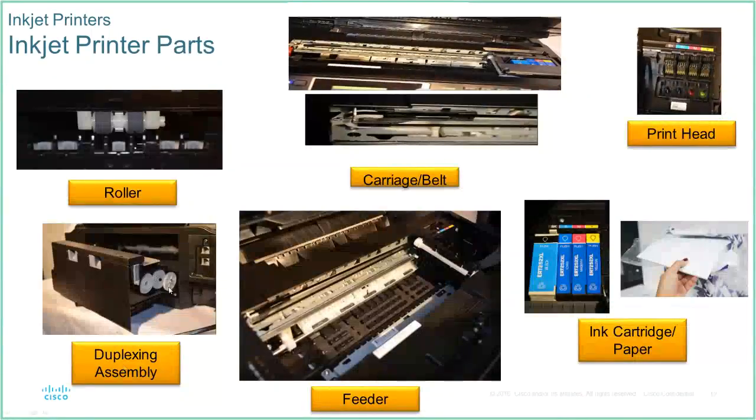This is to flip the paper over. Looking from top down, we'll have the cartridge holder here, and that generally runs back and forth across the width of the paper on a belt or pulley system, if you like.